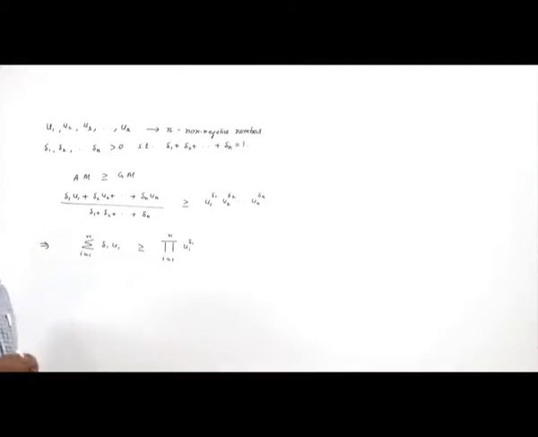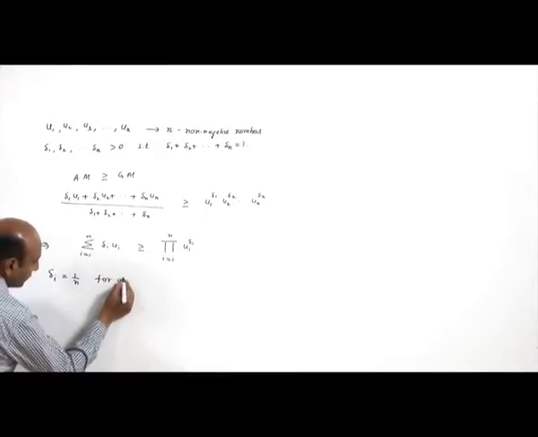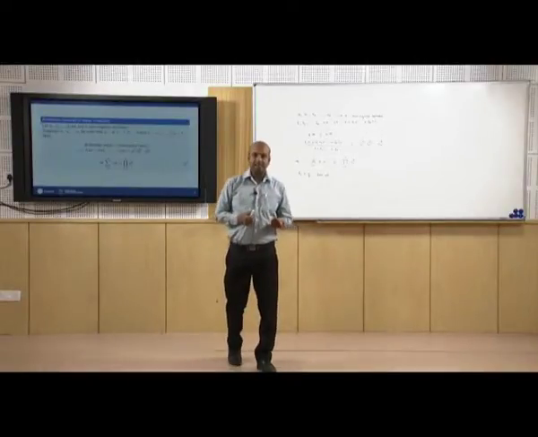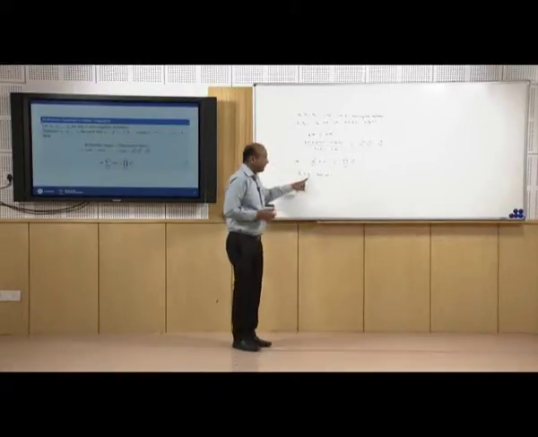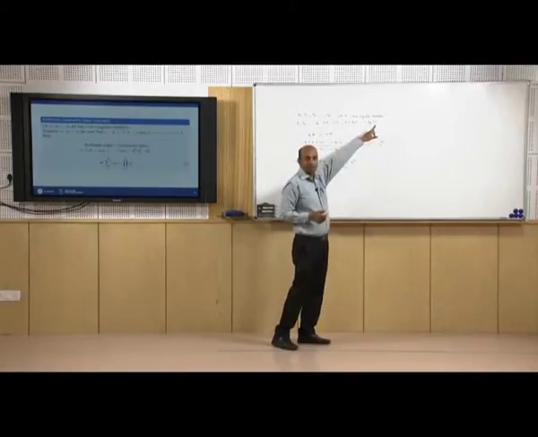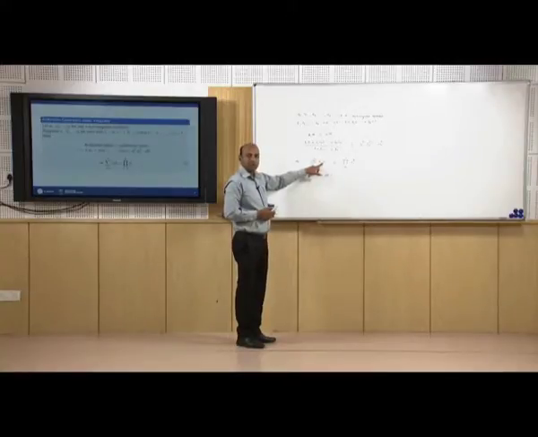Now suppose we take delta i equal to 1 by n for all i. What is the sum of all delta i? Delta 1 plus delta 2 plus delta 3 up to delta n is n upon n, which is 1. So the condition holds, and for this delta i we can use the inequality.